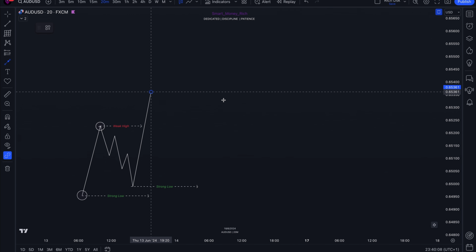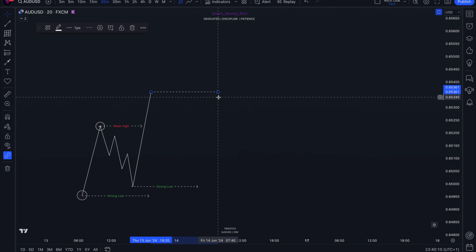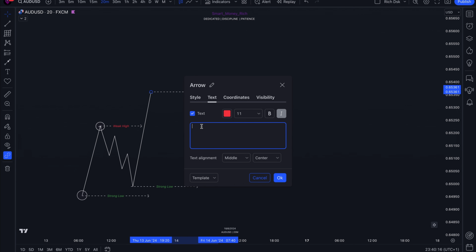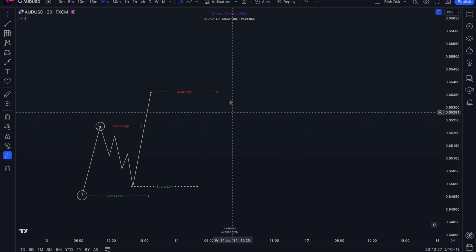Why does this high become a weak high? Because we are expecting price to break above it. You understand? We are expecting price to break above it, so it becomes a weak high, which is going to be a liquidity target, more like a buy side liquidity.